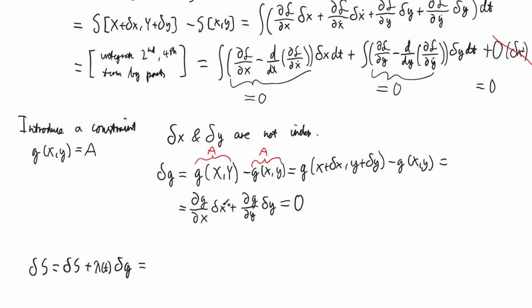And as you can see, one of these terms here depends on x and the other one on y. So it's natural to group them with the particular part of delta S that depends on x and y. So what we get is this.